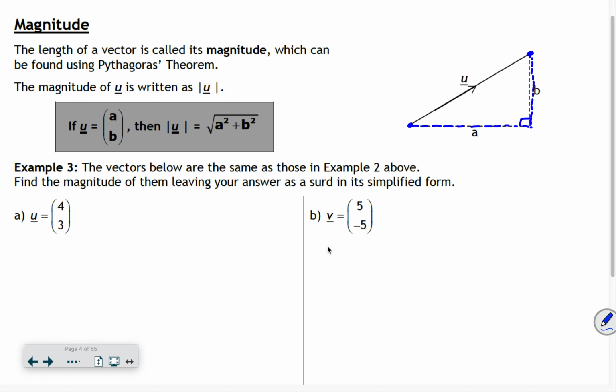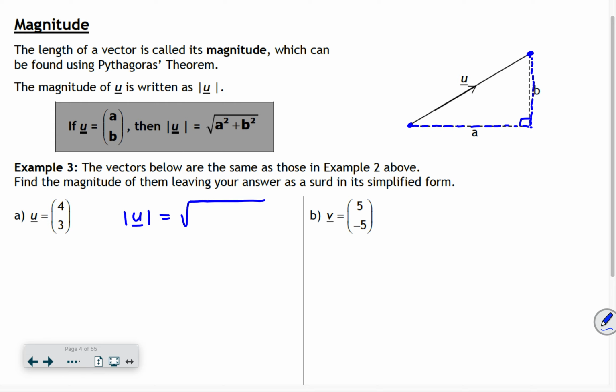For magnitude, we give the magnitude a denotion of the letter with lines on either side. So if I want to find the size of vector u, then all I'm going to do is find the square root of the components squared and added together.